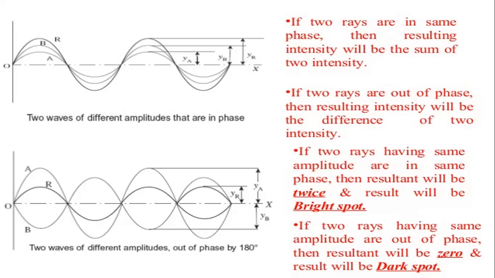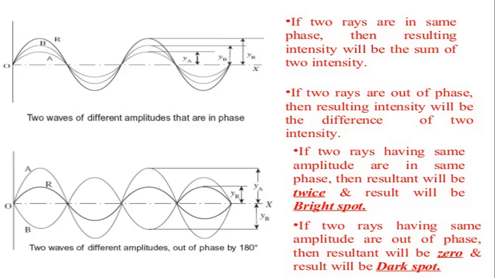And if two rays having the same amplitude are in the same phase, then the resultant will be twice the amplitude, and the result will be a bright spot.